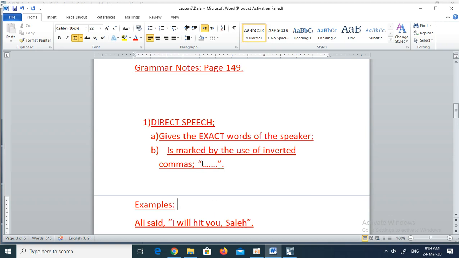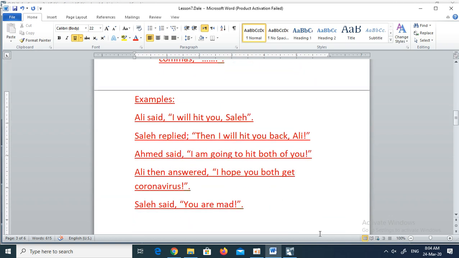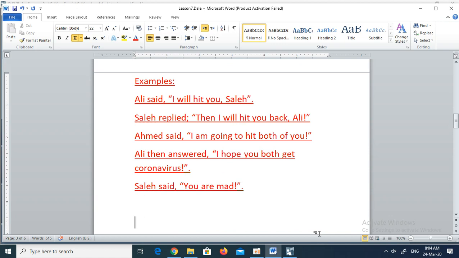That is the opening inverted comma at the start of the direct speech, and that is the closing inverted comma at the end of the direct speech. So you will open with an inverted comma and you will close with an inverted comma. So let us do some examples.